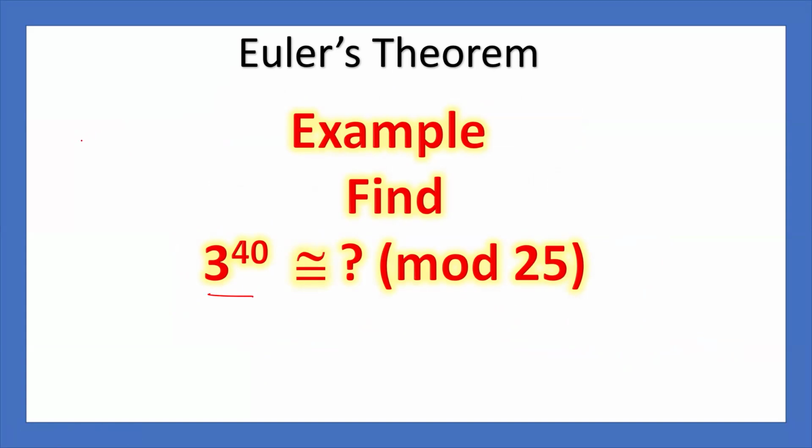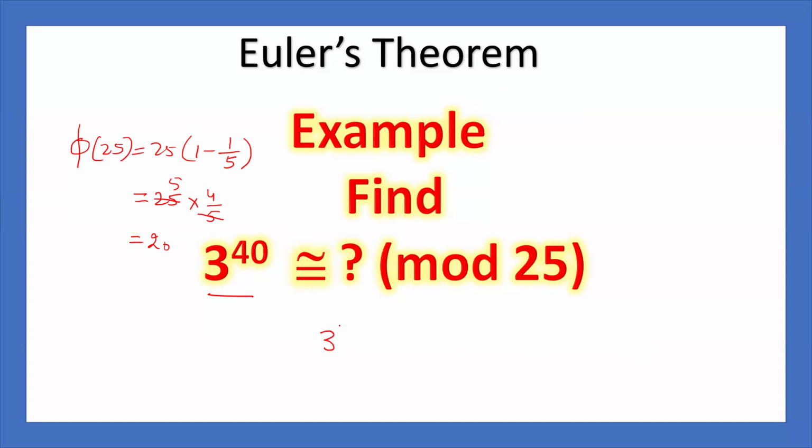Now let's use this property with an example: 3 to the power 40 mod 25. First, calculate the totient function of 25, which is 25 times (1 minus its prime factor). 25 has only one prime factor, which is 5, so phi(25) is 25 into 4 by 5. Cancelling, this gives 20.